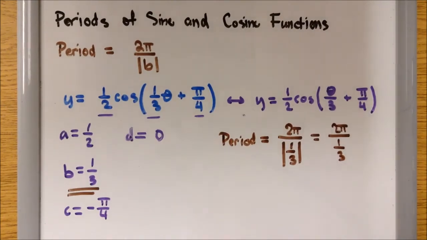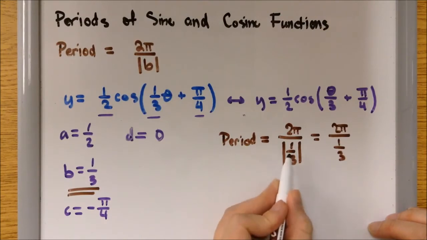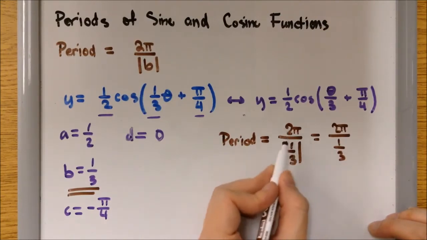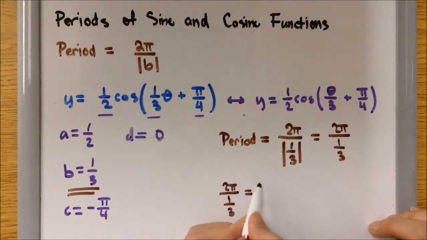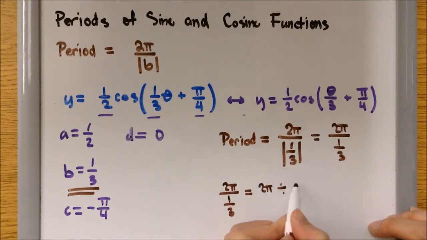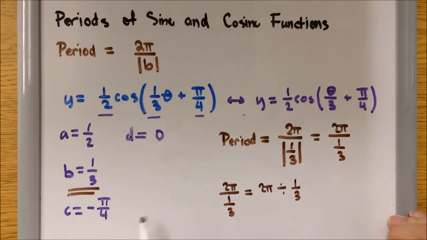So what we're going to do is I'm going to write the work here. We're going to work out this so it's a number being divided by a fraction. So it's 2 pi over 1/3. Since it's a division problem because it's a fraction, it's the same thing as 2 pi divided by 1/3. And then in order to work with division of fraction, we're going to rewrite it as a multiplication.